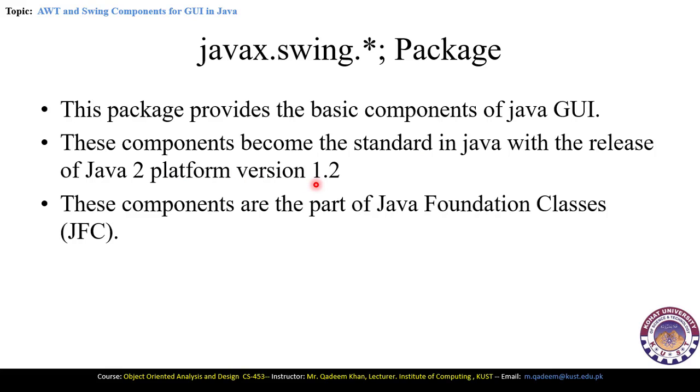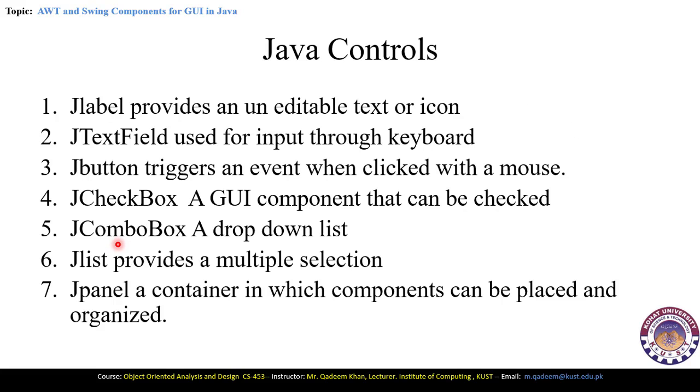These components are part of the Java Foundation Classes, that is the JFC. The JFC contains all these controls as classes. We have JLabel, JTextField, JButton, JCheckBox, JComboBox, JList and JPanel controls, which are used to create the graphical user interface components. We will cover all of them in our lectures.